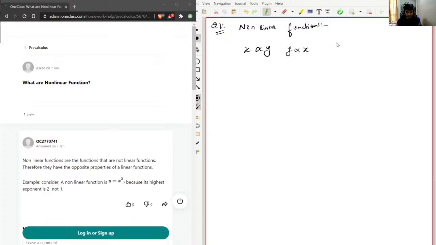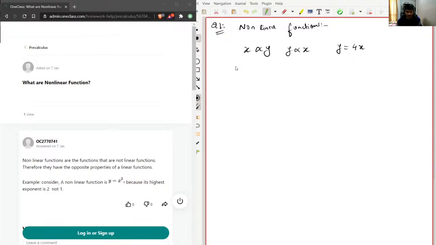Let's say y equal to 4x. You can see that y is directly proportional to x, and we have the constant of proportionality, that is 4.